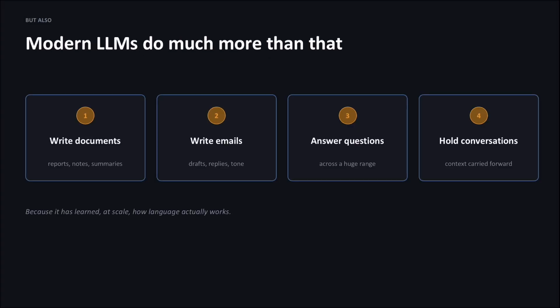But you may be thinking, you said it's a conversational chatbot that predicts the next word, but nowadays modern LLMs are doing much more than that, right? They can write documents for you, write emails, answer questions, hold conversations with you. Now how is it all happening? This is because of the agentic format of the LLM.